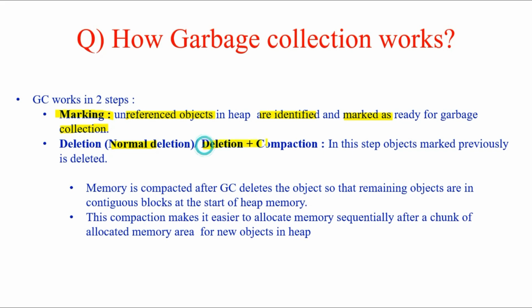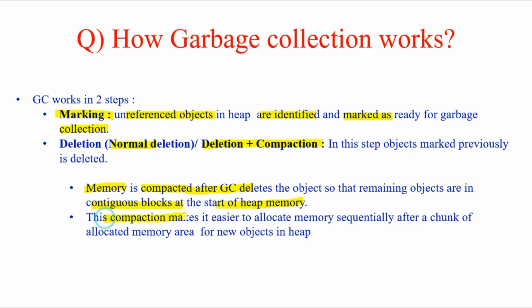But when the garbage collector uses deletion plus compaction, the memory is compacted after the garbage collector has deleted these objects, so that the remaining objects, the referenced objects in your memory, are in a contiguous block at the start of the heap memory, and the remaining heap area becomes empty.